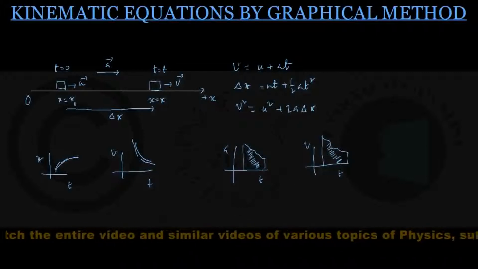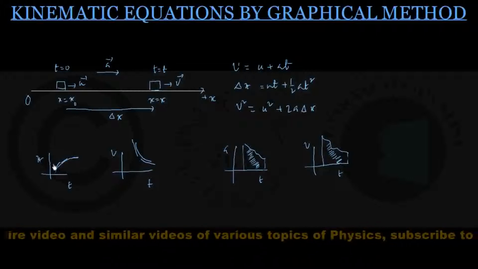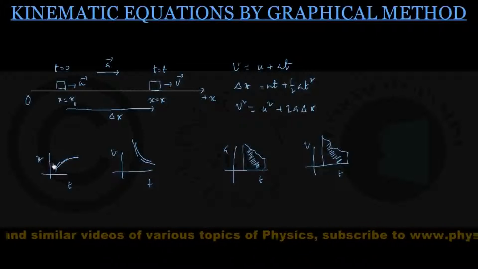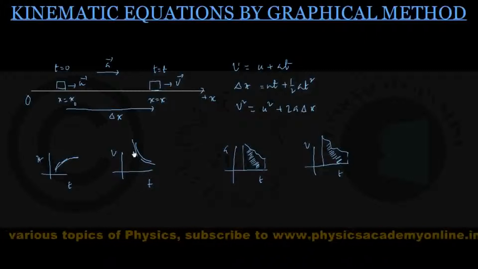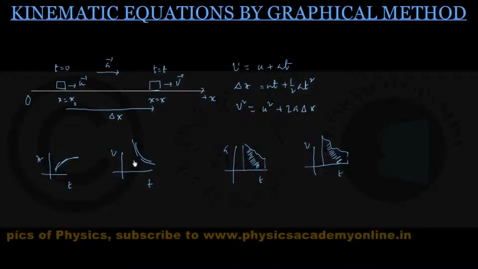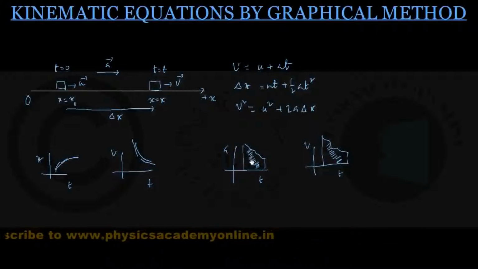So the first two showed how to get velocity from the slope of the tangent drawn to the curve in the xt diagram, and the acceleration from the tangent slope in the vt diagram. In the reverse process we have learnt the area under the acceleration time graph gives change in velocity, and the area under the vt graph gives me the displacement.